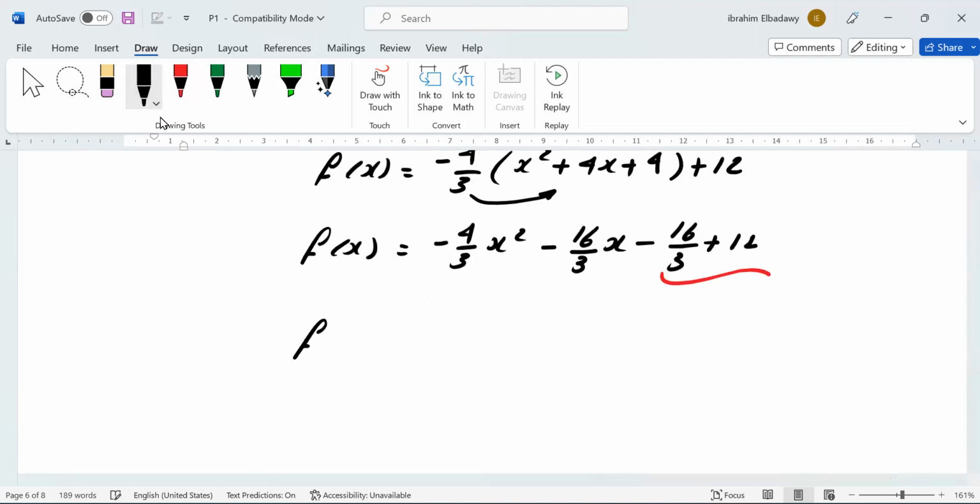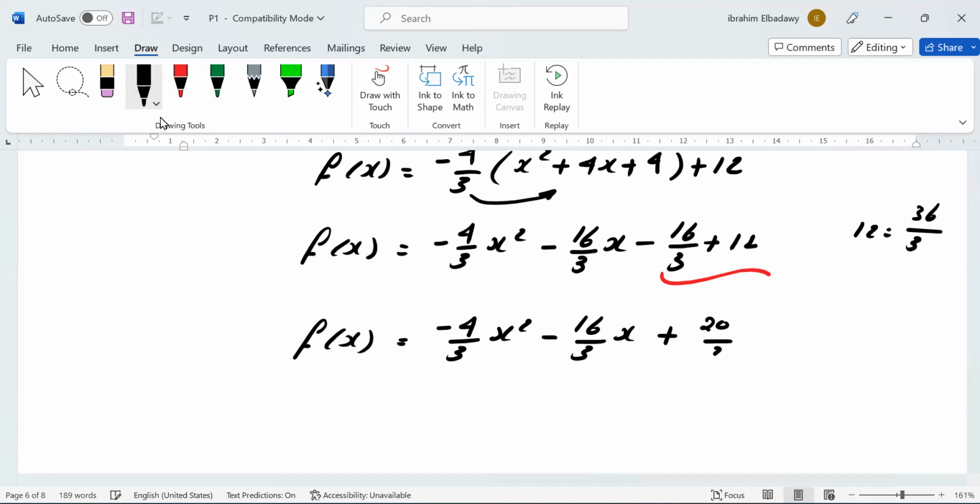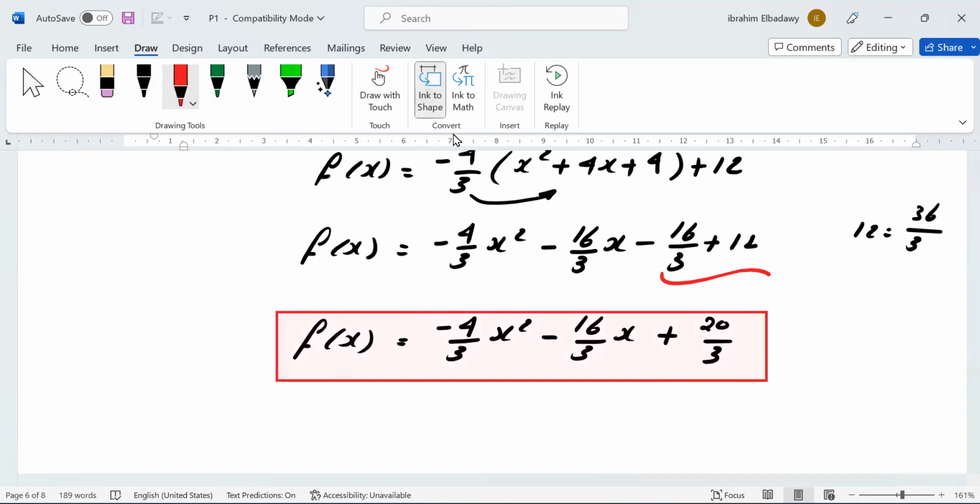Then f(x) equal to negative 4 over 3 x squared minus 16 over 3 x. Then this one is 3 times 12 equal to 36. So negative 16 over 3 plus 36, it will be plus 20 over 3. Then you get the answer. This is the formula that you get of the function f(x).